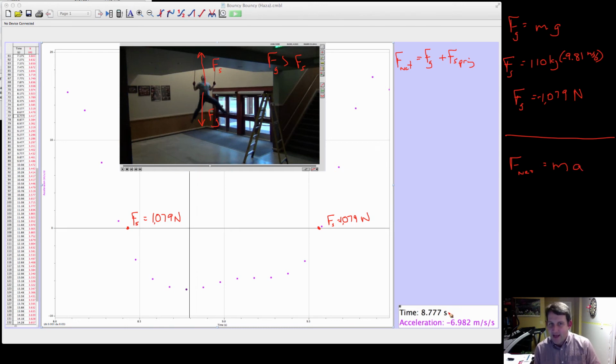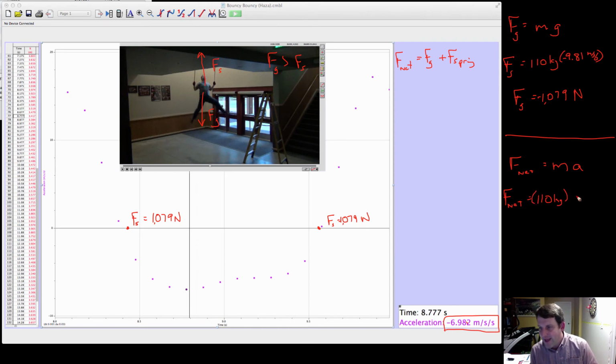And in this case, my acceleration isn't 9.81, it's this. And it's not the full 9.81 because there's a spring taking away some of my weight. So I'm not accelerating as fast as I should be down because the spring is counteracting some of that force of gravity.